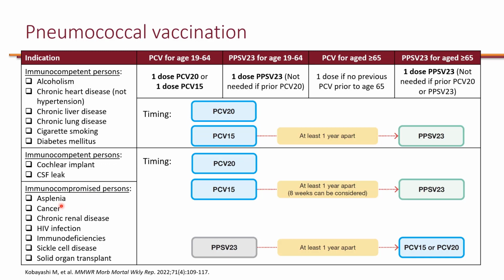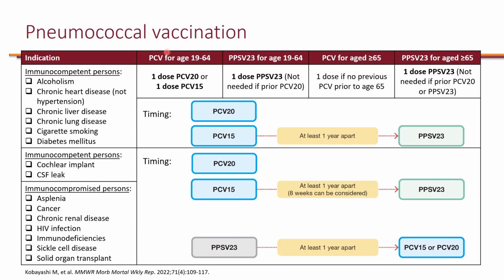immunocompromising conditions. So things like asplenia, cancer, HIV, transplant and other things on the list. For any of these groups, the recommendation is the same. Because these are high risk, we're not going to wait till they are 65.